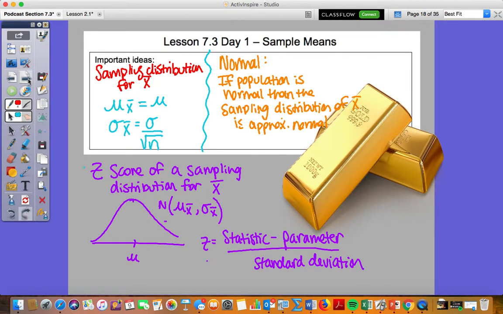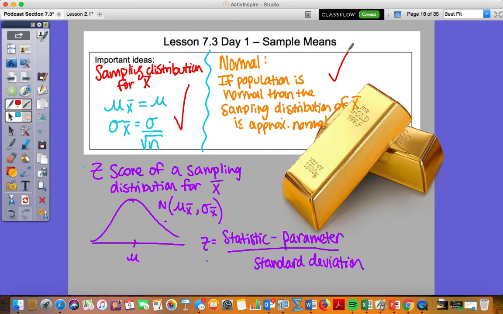Golden Nugget page. All right, Golden Nugget page. I will tell you this. We've already done most of this, right? In fact, we've already done this part, the normal condition. We've gone over the central limit theorem, n being greater than 30. When do I use the central limit theorem? Rita?